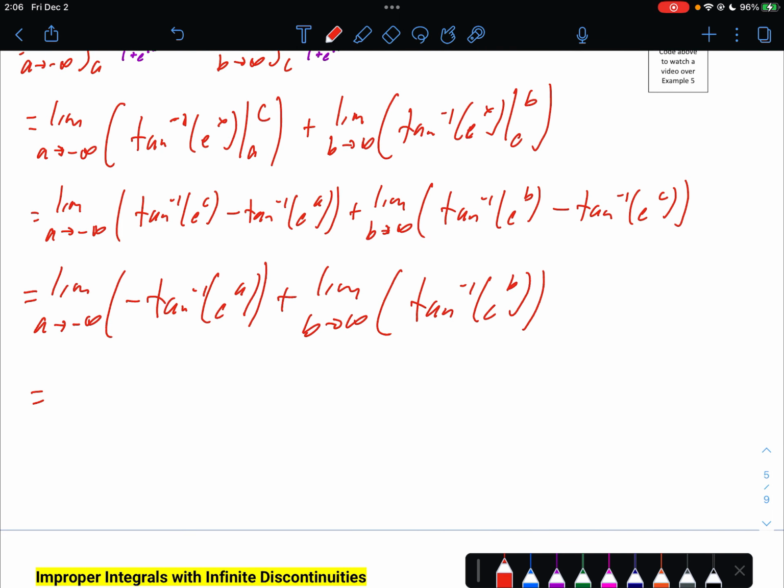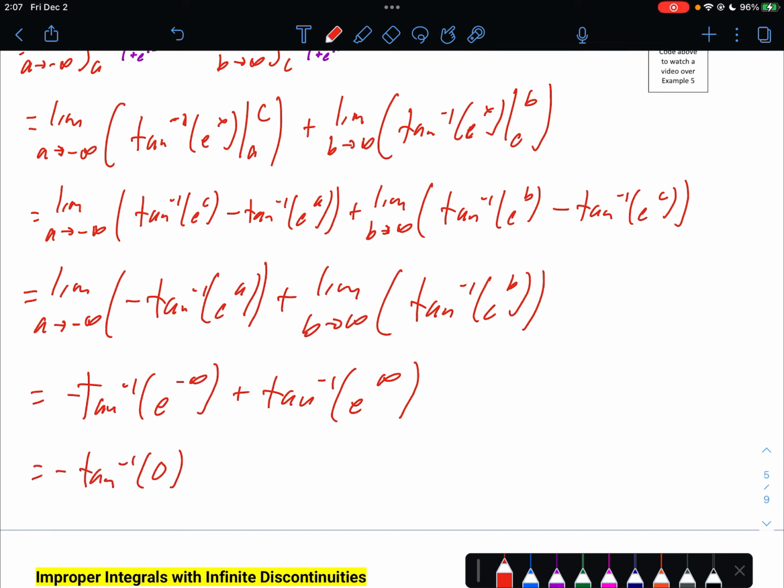Now we can substitute in, so we get negative tangent inverse e to the negative infinity plus tangent inverse e to the infinity. So this is negative tangent inverse of 1 over e to infinity, so 0.